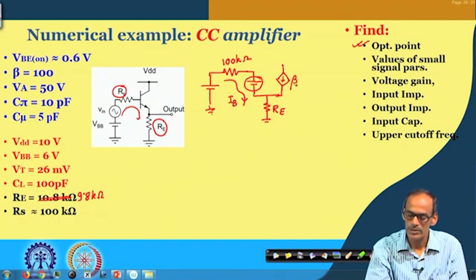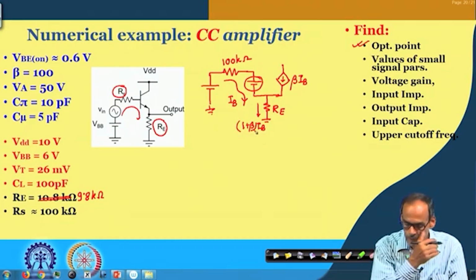So, this is beta into IB, that is the IC part. The current flowing through this resistor, on the other hand, is 1 plus beta into IB.